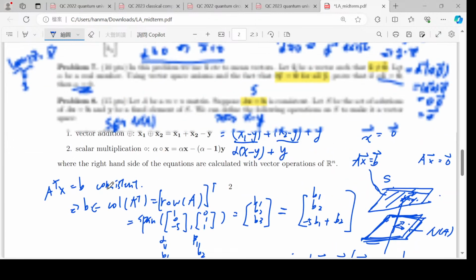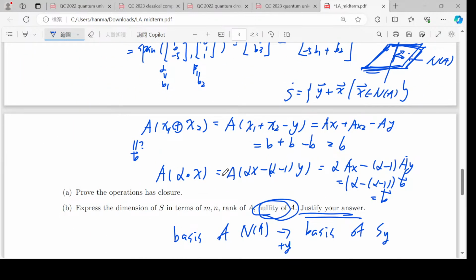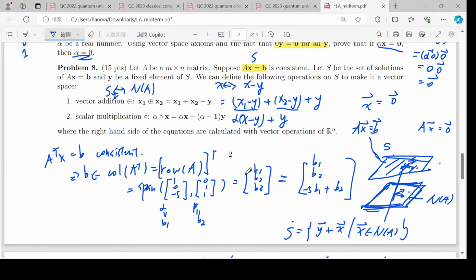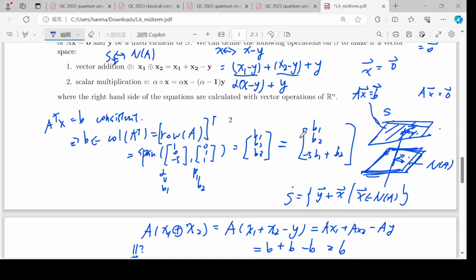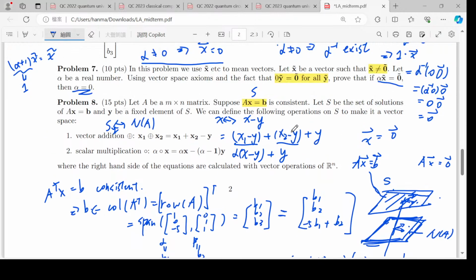Okay, so they satisfy closure, and we claim it's a vector space, although we only check 2 of them. If you really want, you can check all the other axioms of a vector space, and you will find that they satisfy them, basically because N of A is a vector space.